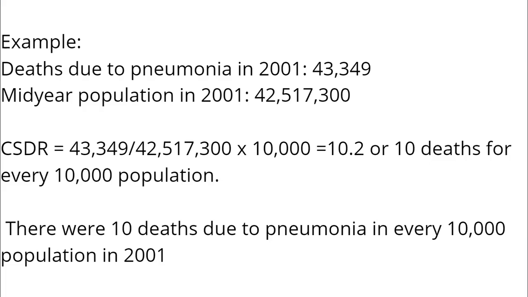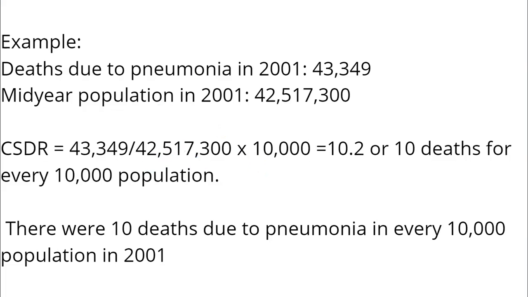Again, we need to compare the number of people who died from that specific disease with the total population in the same period of time. In this case, we have 43,000 deaths caused by pneumonia, compared with the total population of 42 million. The quotient is multiplied by, again, why not 1,000?